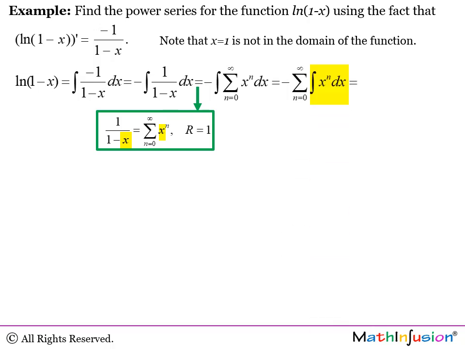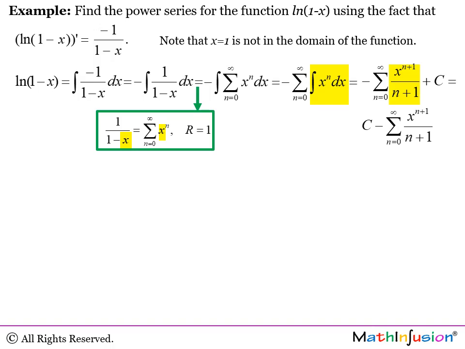Now we will perform term-by-term integration, and we will get this because the antiderivative of x to the power of n is x to the power of n plus 1 over n plus 1, and then we have the constant of integration.